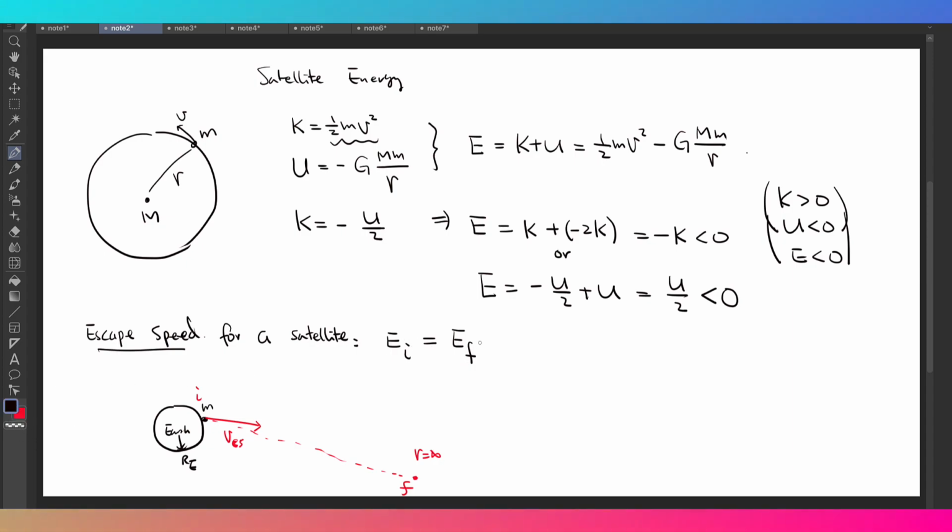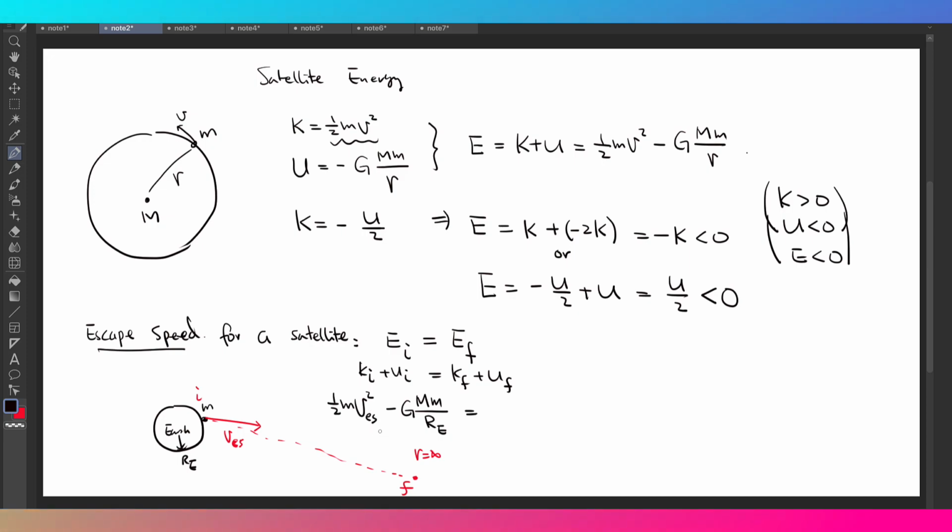So now let's think about energy conservation here. We have Ki plus Ui equals K final plus U final. Now what's Ki? Ki is related to the initial speed, which is the escape speed that we need. So it's 1/2 m v escape speed squared plus Ui. Ui is negative GMm over RE, the Earth's radius, equals the final kinetic energy.